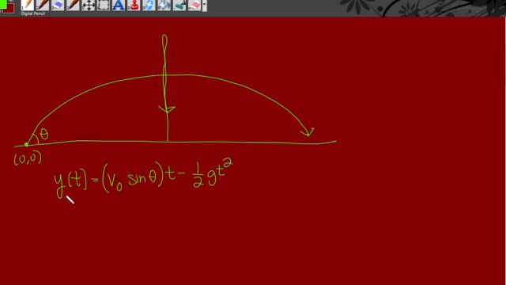And actually, let's call this y sub 1 of t to avoid confusion. So this is y2 of t, and it is just v naught t minus 1 half gt squared, because the entire velocity is in the vertical direction, so we don't really have to worry about any components.